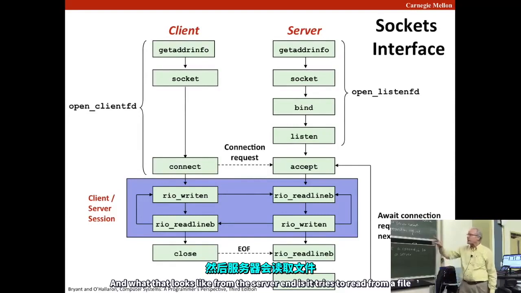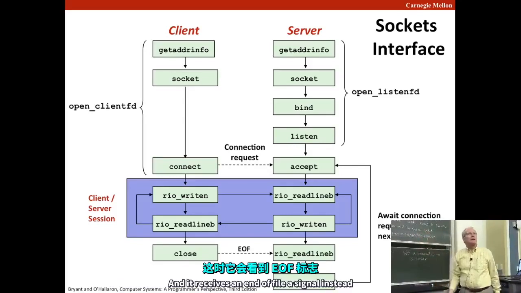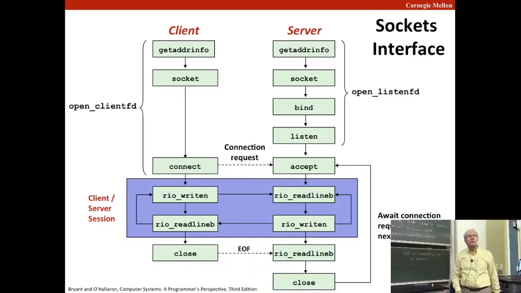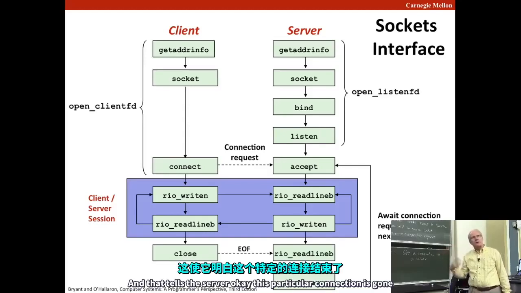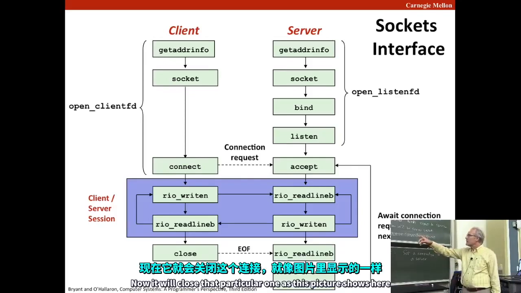What that looks like from the server end is it tries to read from a file and receives an end-of-file signal instead. That tells the server, okay, this particular connection is gone. And so now it will close that particular one.